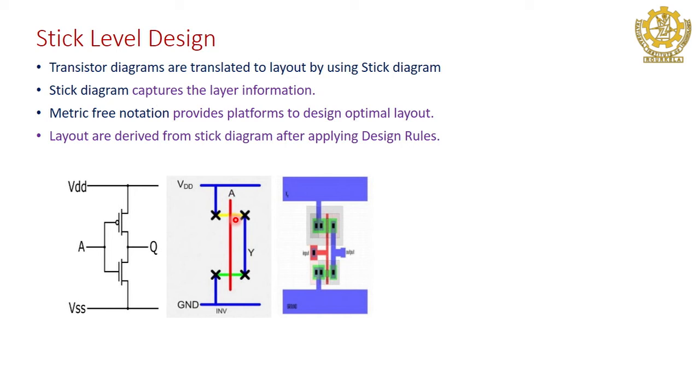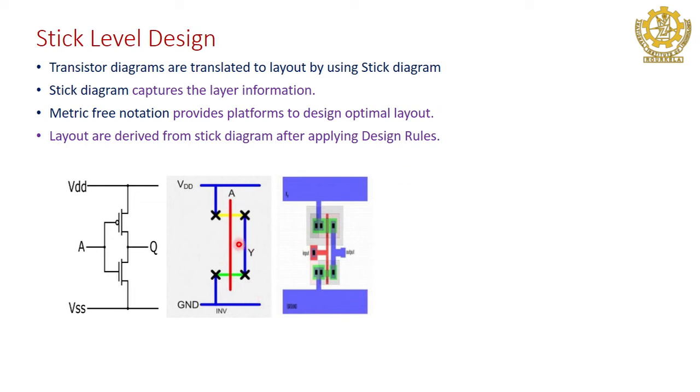So imagine there are 10 transistors, directly how will you do the layout? Stick representation is the intermediate method to translate the transistor level diagram to layout. And the stick diagram in each layer captures a particular layer's information. This metric free notation provides a platform to design an optimal layout.